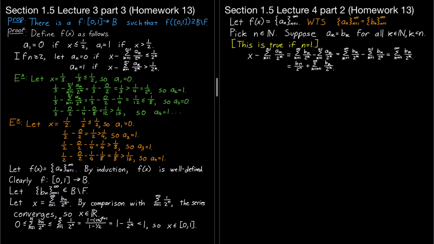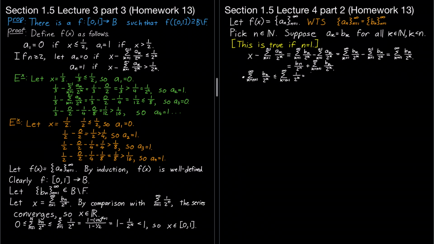Now a couple of things to notice. So this tail, the sum of b_k over 2 to the k, cannot be any bigger than taking all the b_k's being 1.